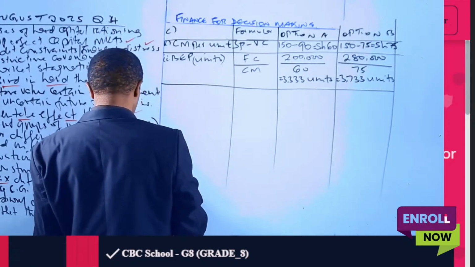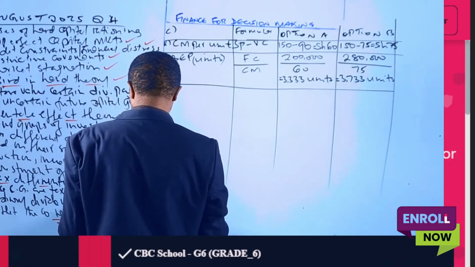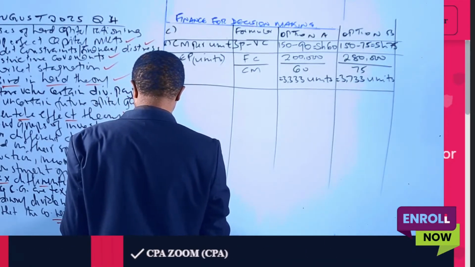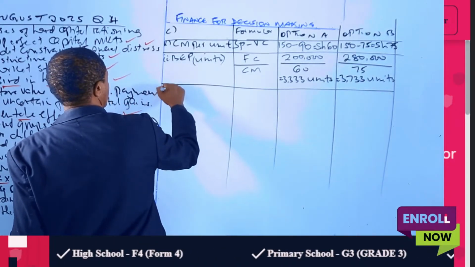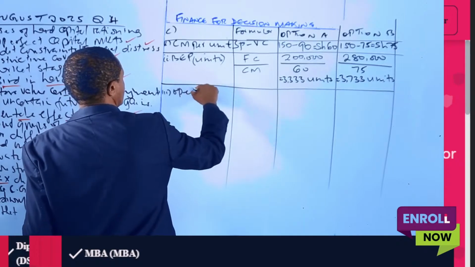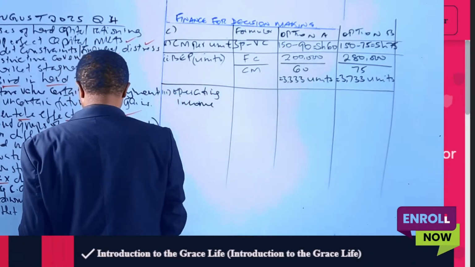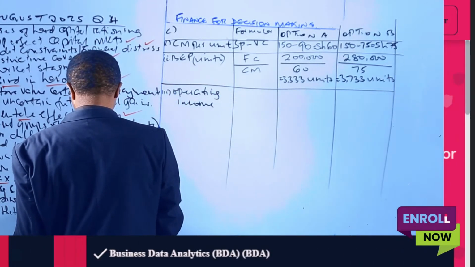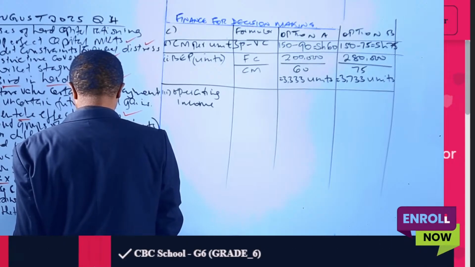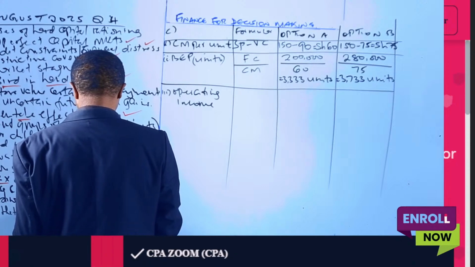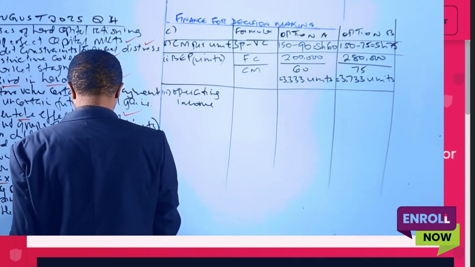Then Roman 3, the operating income under both options. How do we calculate the operating income? Look at the question. What information do we have? We have expected sales.